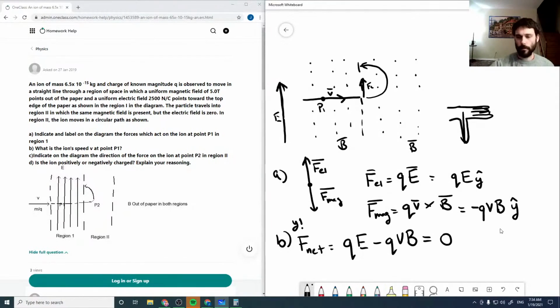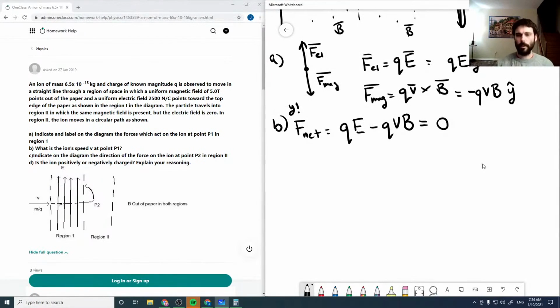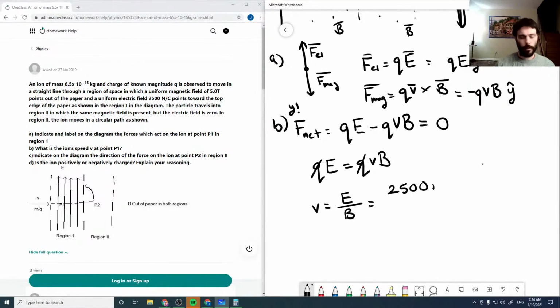And in the x direction, it would also be 0, but that's okay. The y direction is all we're concerned with, so QE is equal to QVB. We can see that the charges will cancel. And so our velocity is just E over B. We're given that this is 2,500 newtons per coulomb over 5.0 Tesla, which comes out to be 500 meters per second. So there's our speed.